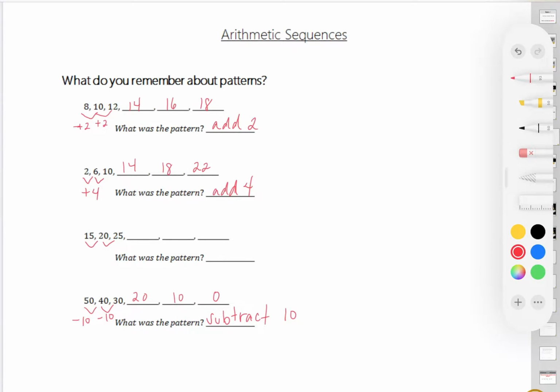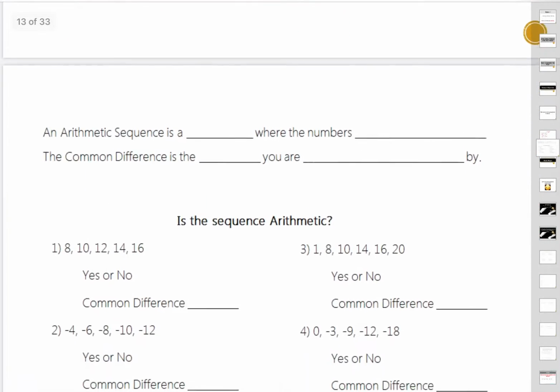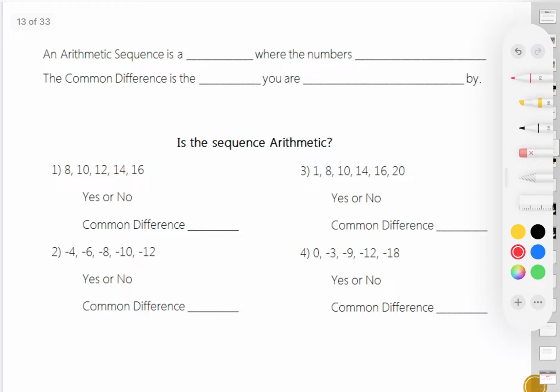Okay, so a sequence is a pattern of numbers. A sequence is a pattern of numbers. Let's look at that here. Here we go, so that exact definition. And arithmetic just means math, numbers, patterns.